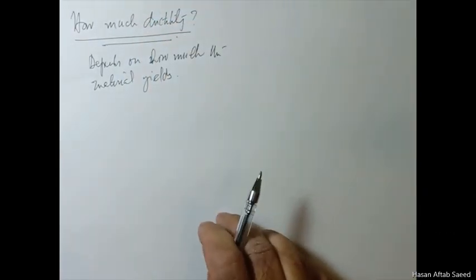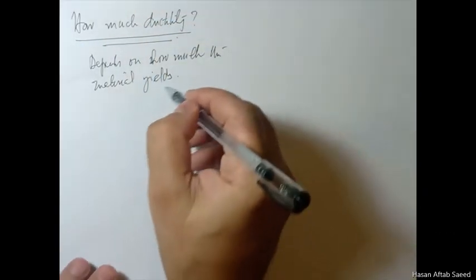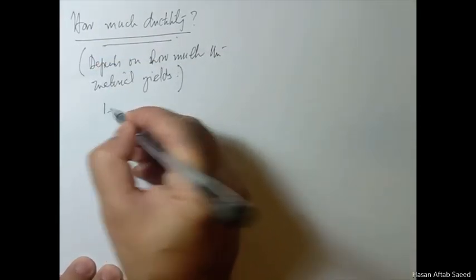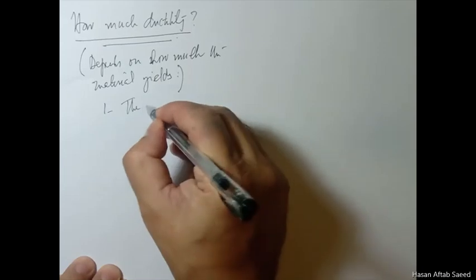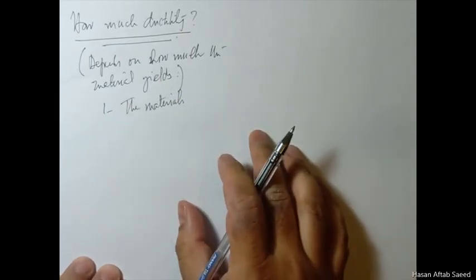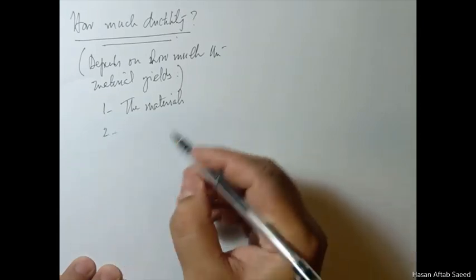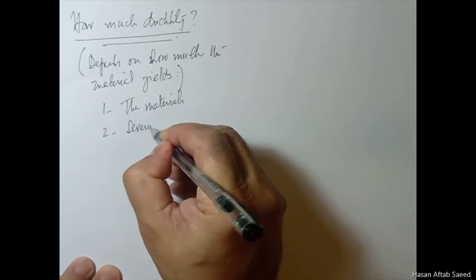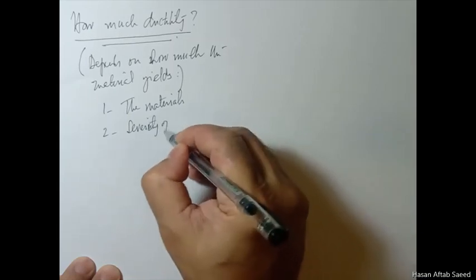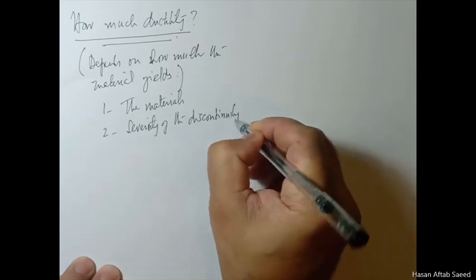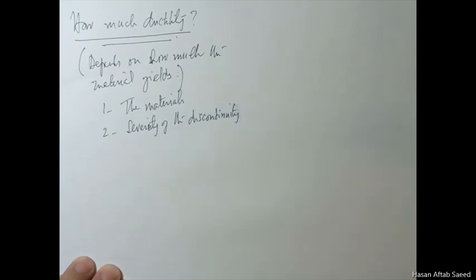That depends on the material. There are materials which are easy to yield, and there are other materials which are less prone to yielding, and then the severity of the discontinuity, and we'll discuss this in detail a little later.